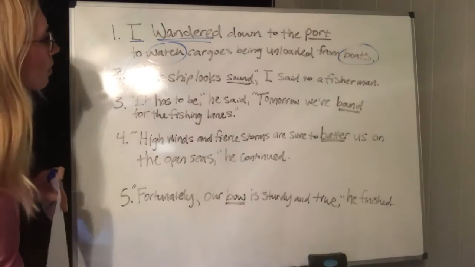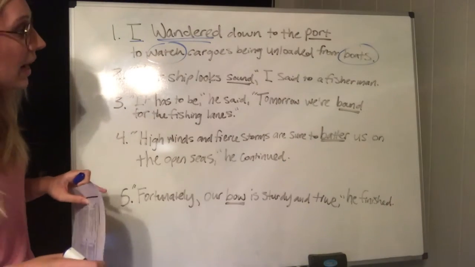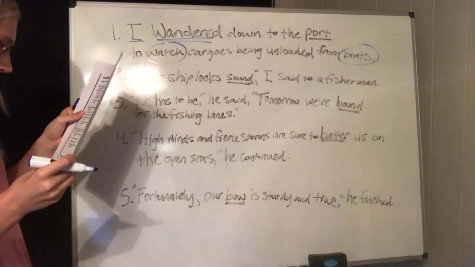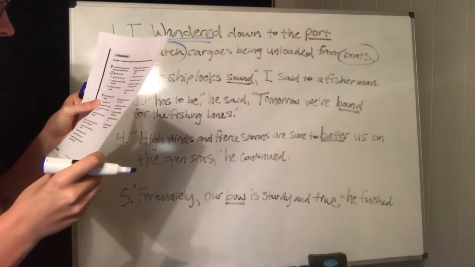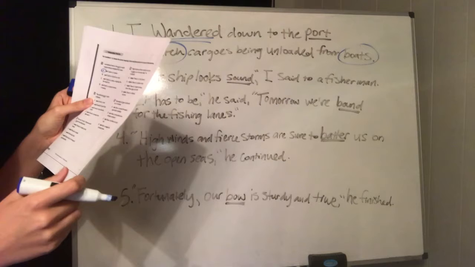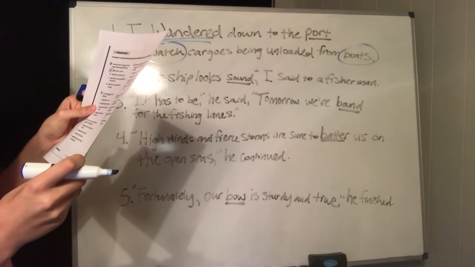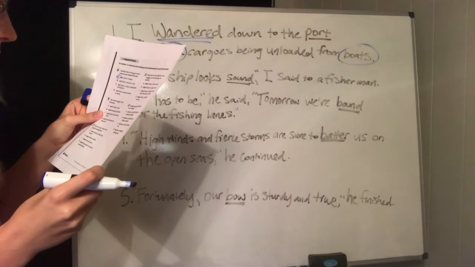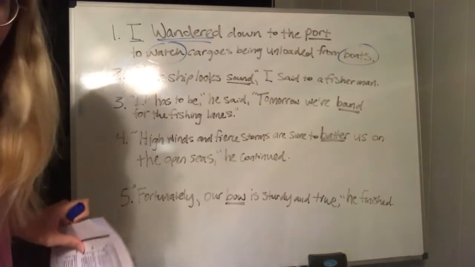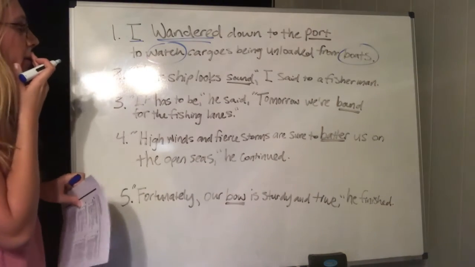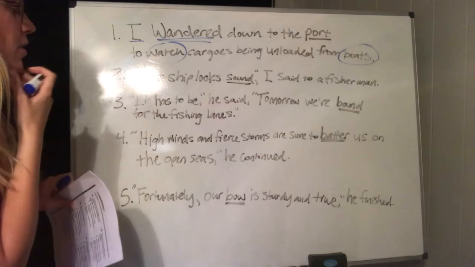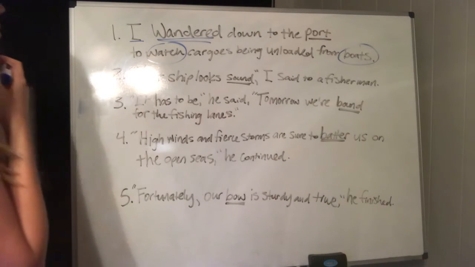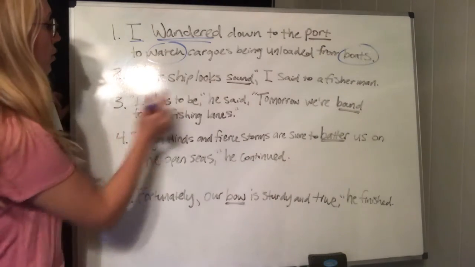Number 2, your ship looks sound, I said to a fisherman. Let's read our definitions. A noise, in good shape, a long, wide body of water, to measure how deep water is. So let's read our sentence one more time and find our subject and verb. We have some quotations.